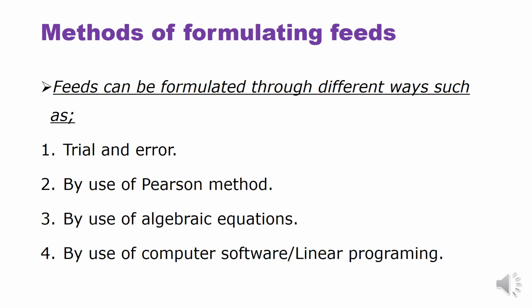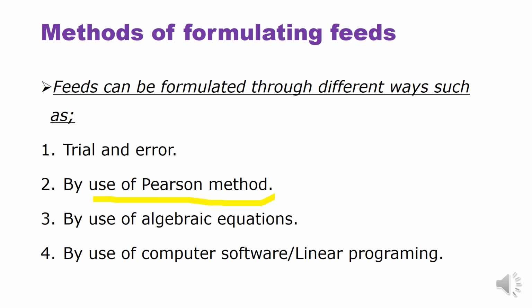The different methods that we use in formulating feeds are mainly 4. We have trial and error. This is the common one, whereby people just mix the feeds. Then by trial and error, they obtain the ration. We have what we call Pearson. This is simple.